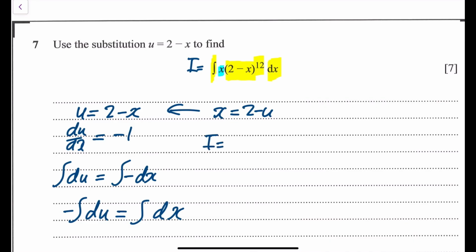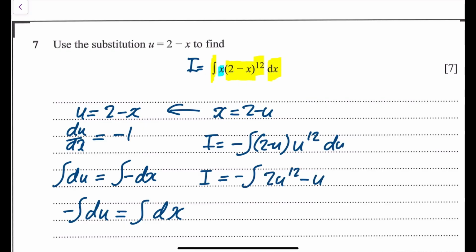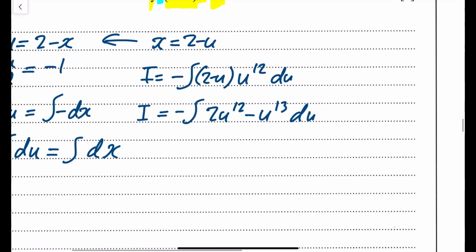So your integral becomes minus the integral of du, the x becomes 2 minus u, and the 2 minus x to the power of 12 becomes u to the power of 12. Now multiply that out, and you're going to get minus the integral of 2u to the power of 12 minus u to the power of 13 du, and then we're just going to integrate this.